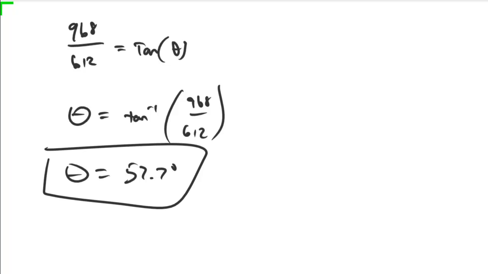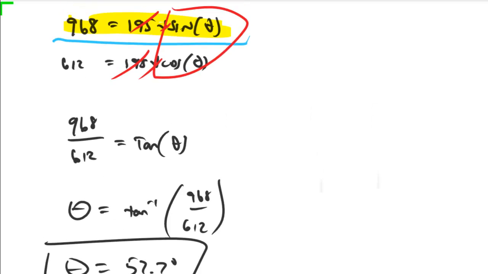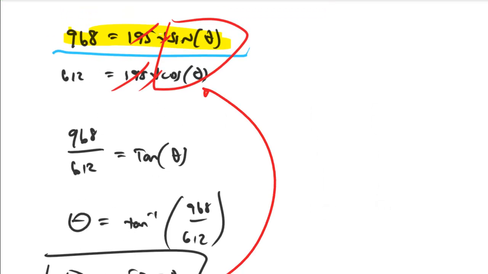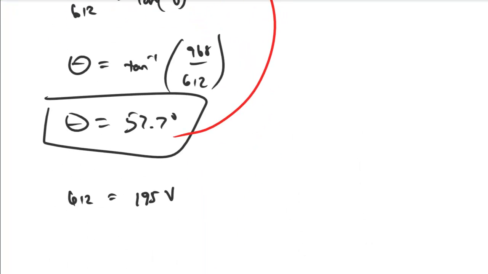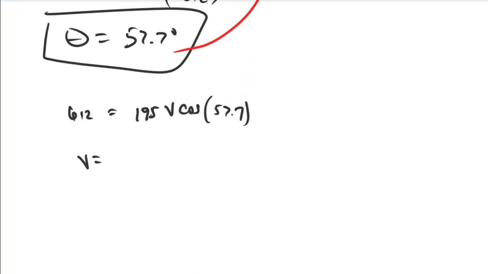And then we can take this and plug it back into either one of these. So if I have theta here, I'll just plug it back into here. Either one. And we can say that 612 is equal to 195 times v, I can't remember, was that sine or cosine? Cosine. 57.7. And solving for v, we get the magnitude of the velocity is 5.87 meters per second.